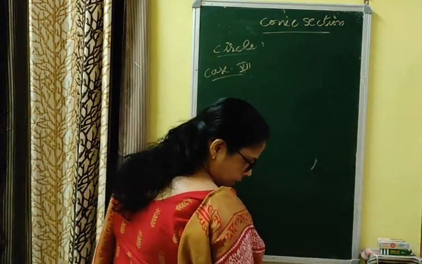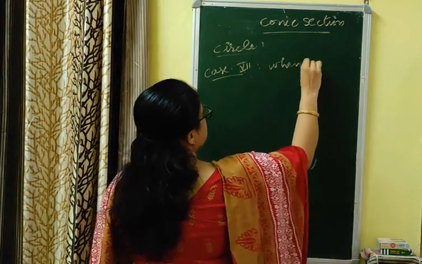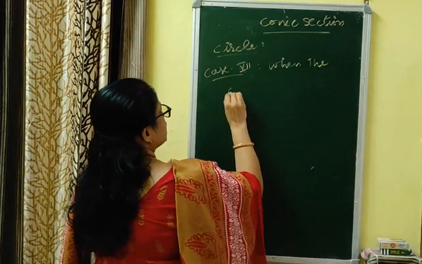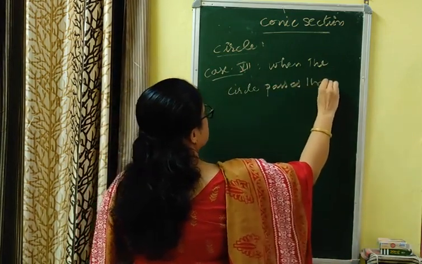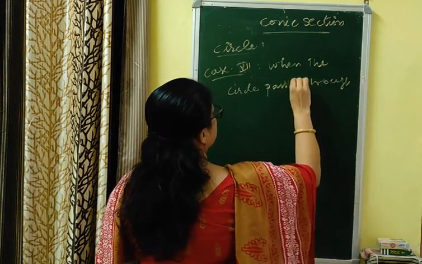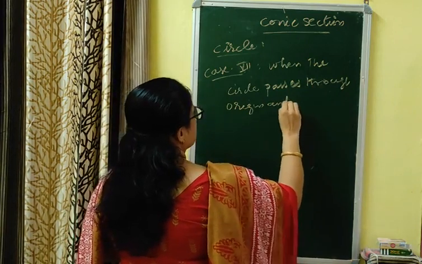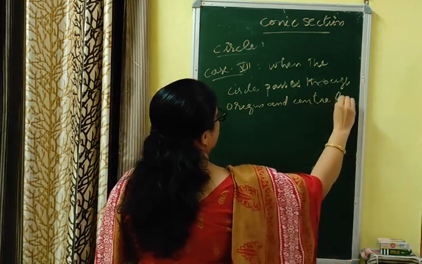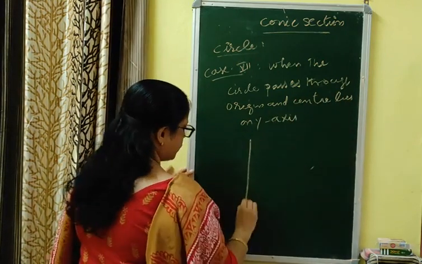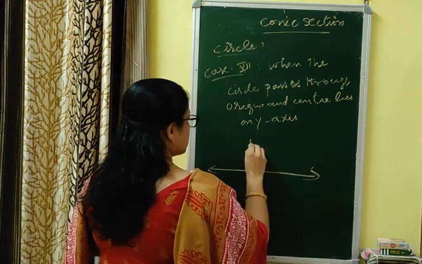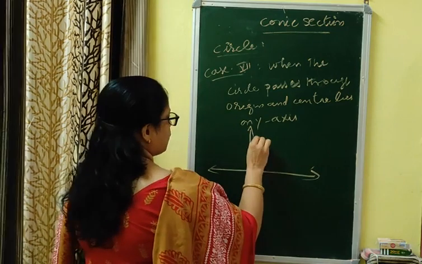When the circle passes through the origin and the center lies on the y-axis, how can we form the equation? It is just the opposite of the previous case: the circle passes through the origin and the center lies on the y-axis, like this.